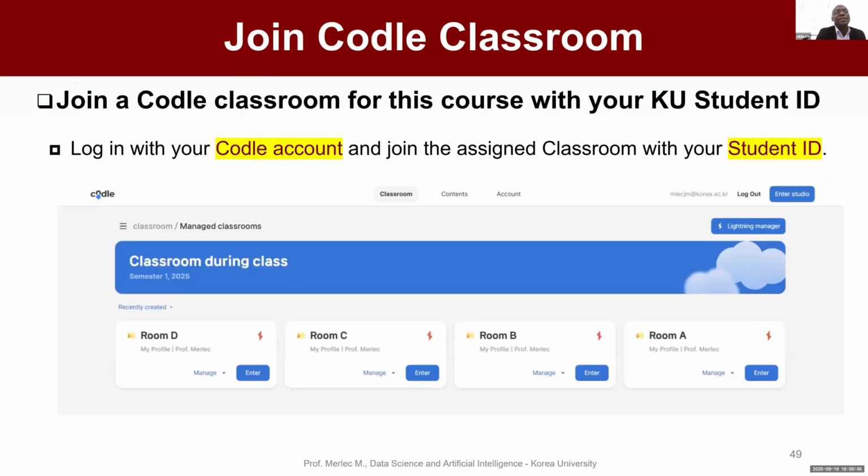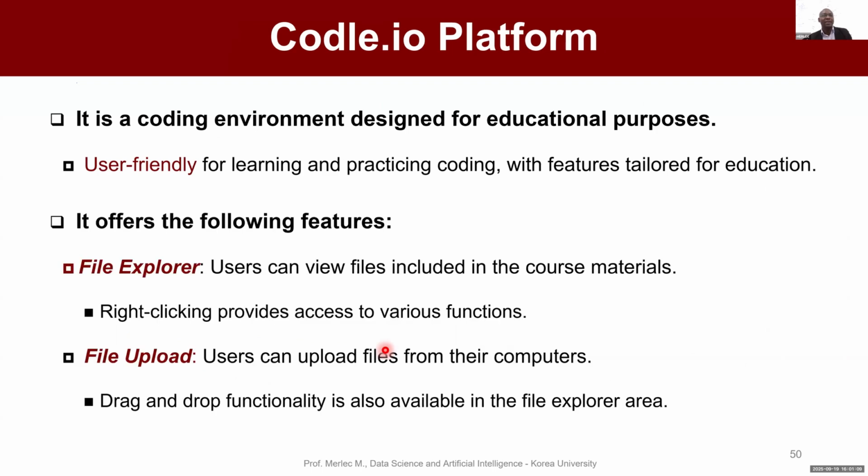I assume that everyone has already created an account. If you have an account, you will see, like me, I'm managing several classes. I can see the available classes like this. In the new account I just signed up for the purpose of this class, there is no class. So how to join the class?